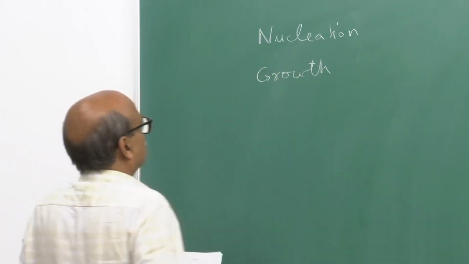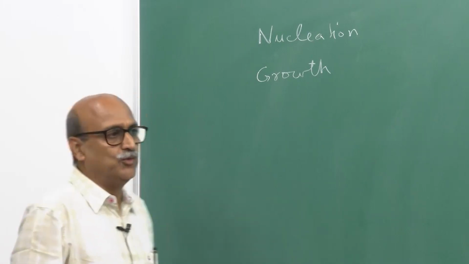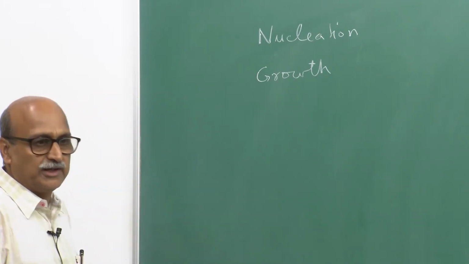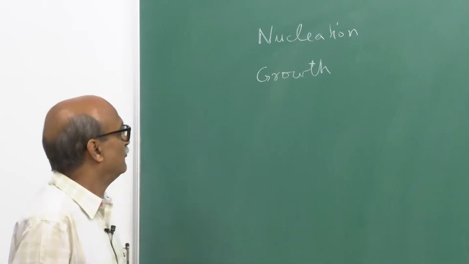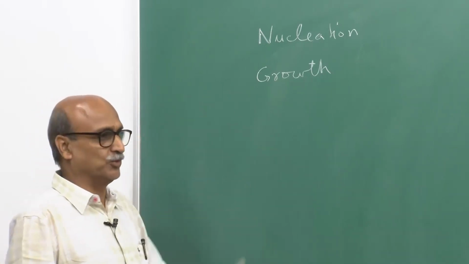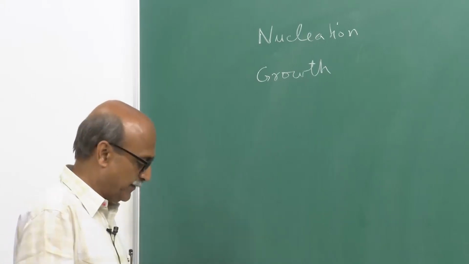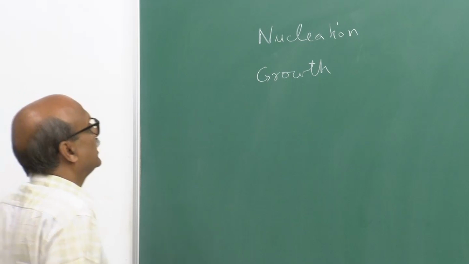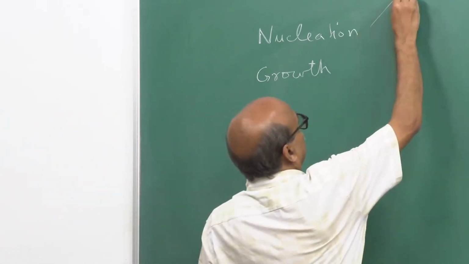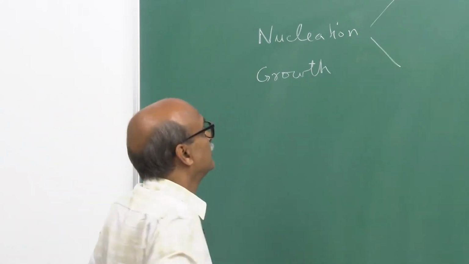And let us first quickly review nucleation and the kinetics of nucleation, then we will follow it up with growth and kinetics of growth of the formed nuclei. Now, nucleation could take place in 2 different ways.